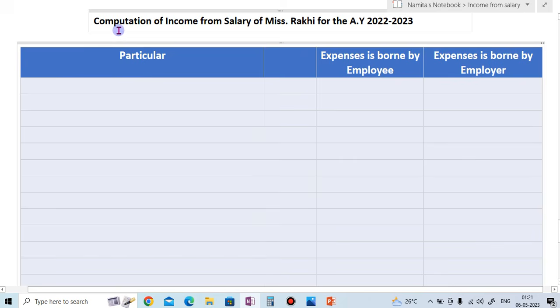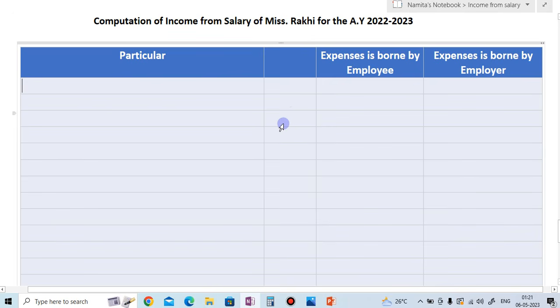So right here, this table indicates the computation of income from salary of Miss Raki for the assessment year 2022-23. These are the particulars, and this column I have made for the working.